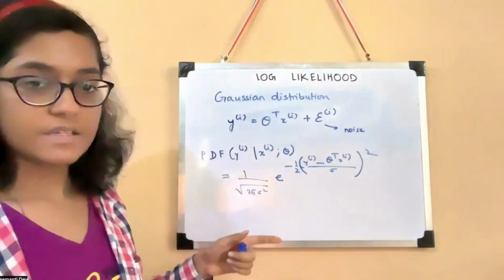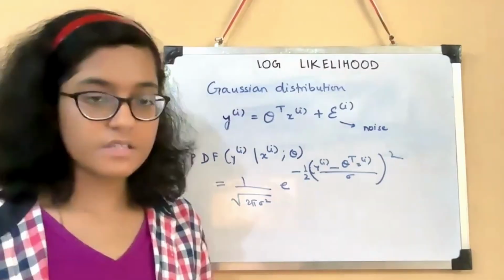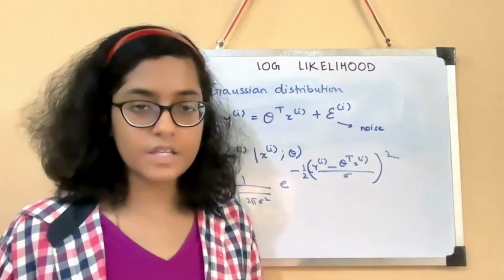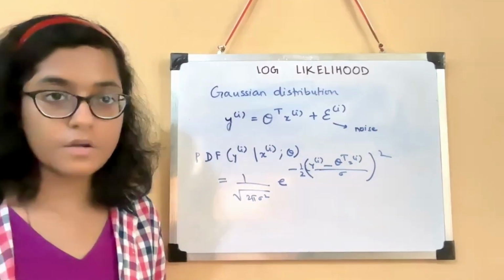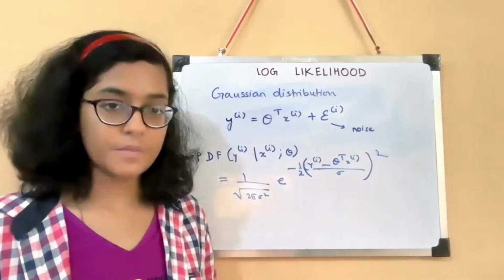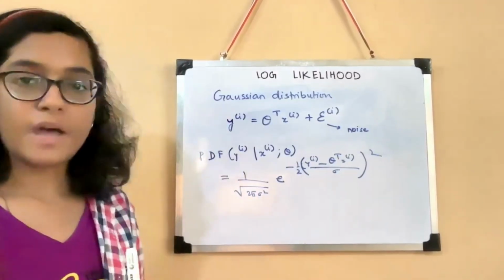So this is the noise. This is the probability distribution function of the noise. Let's just consider sigma, and sigma doesn't have a specific meaning here. We know what it means in a normal Gaussian distribution, but here we can treat it as a general constant. So now we'll see the magic happening.